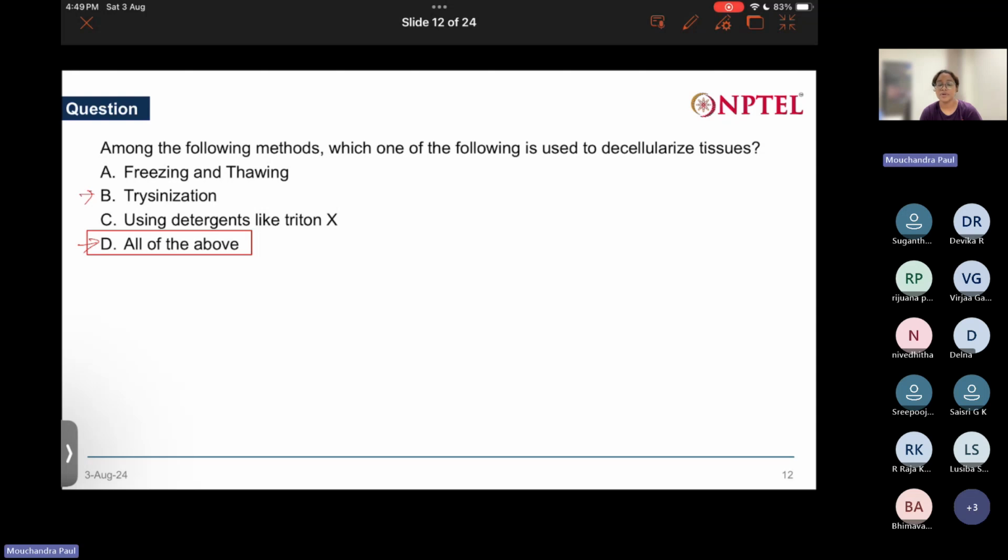And why are we focused on removing the cellular components? Anyone? Why do we need to decellularize it? To avoid the effects of immunogenicity. Immunogenic response, yeah. The proteins present on cells, like we discussed in the last class, most of the proteins that contribute to immunogenic response are the MHC complexes.